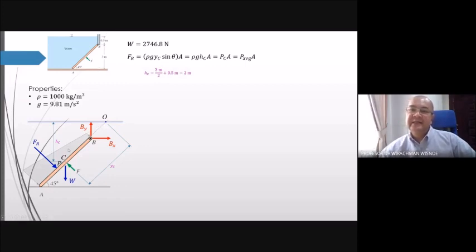You know that C is in the middle of the gate. So it means from B to C vertically, it will be 1.5 over 2. To the water surface will be 1.5 plus 0.5, 2 meters. So hc here will be 2 meters.